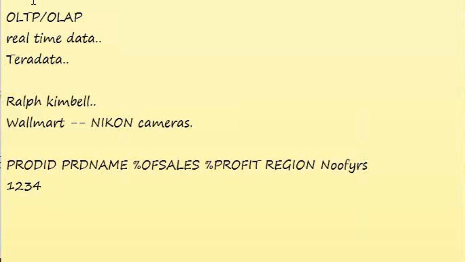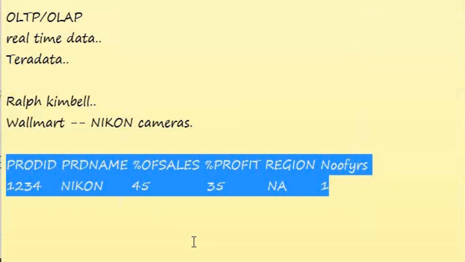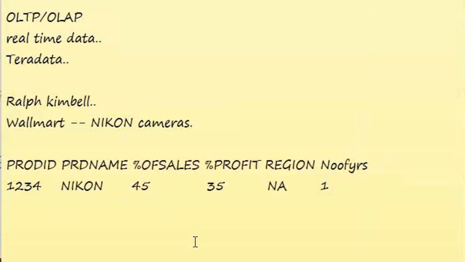Let's say product ID is 1, 2, 3, 4, product name is Nikon, 45% sales, and profit was around 35%, and the region is, let's say, North America, and the number of years is, let's say, the last 1 year of data. Some kind of figures I just want to see and analyze. I'm just giving a rough example, not the exact statistics.